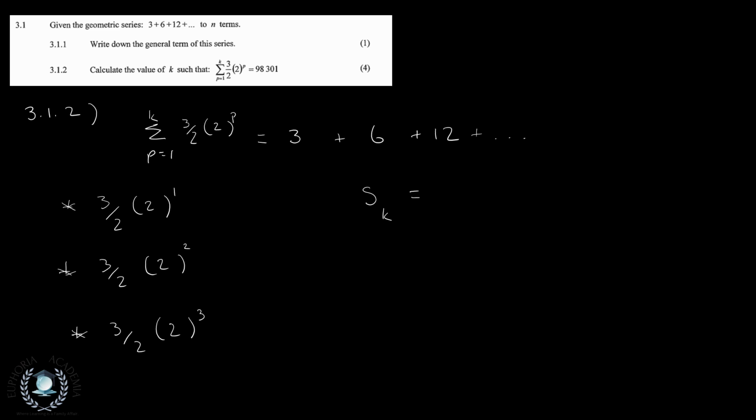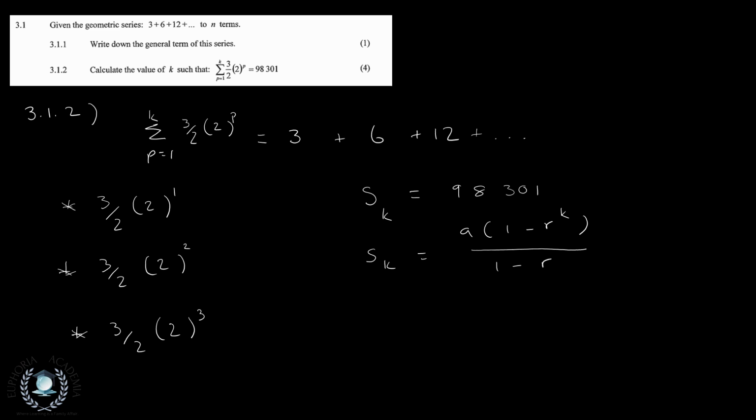So our Sk will be equal to 98,301. And Sk is equal to a multiplied by 1 minus r to the power of k, over 1 minus r.